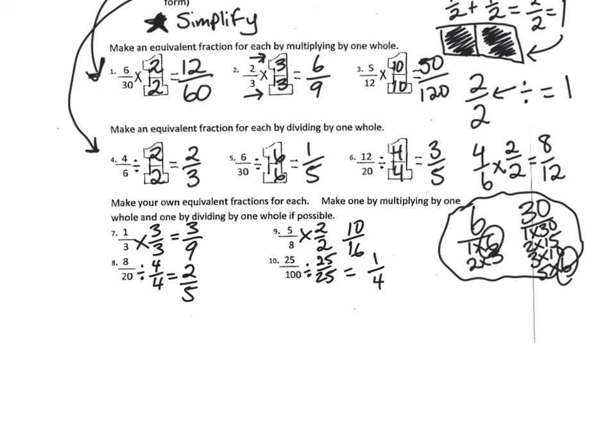We want to figure out equal fractions here when we're going over equivalent fractions. And there's two ways to do it. You can multiply, or you can divide, or what's going to be known as simplifying. That simplifying part is the one we're going to be spending more time on. In fact, probably the rest of this week we'll be talking about simplifying. It's really, really, really important that we get simplifying down.